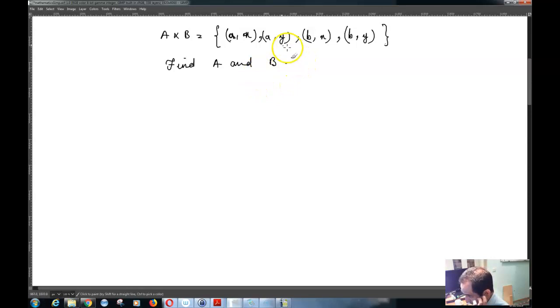Since you have A times B, all of these first elements come from A, of course.